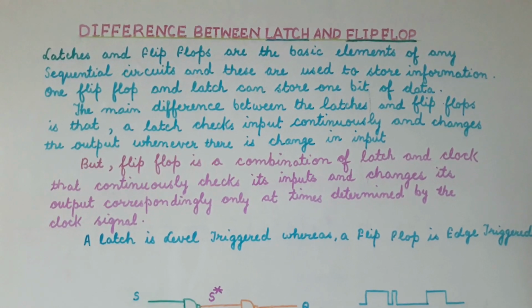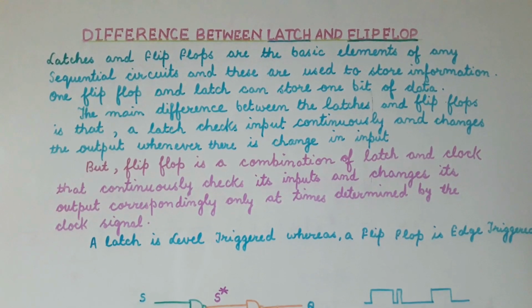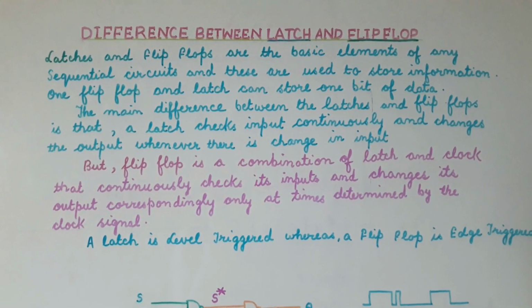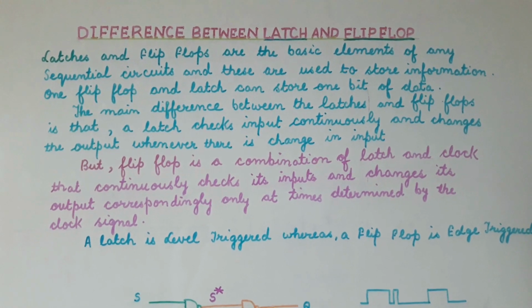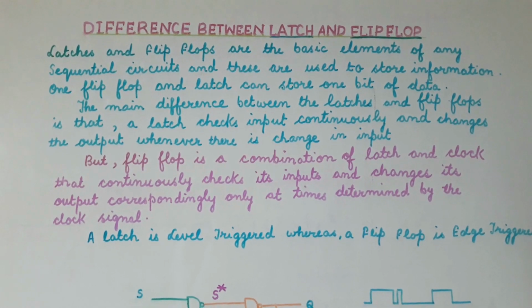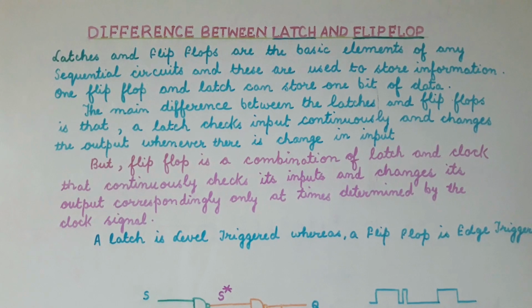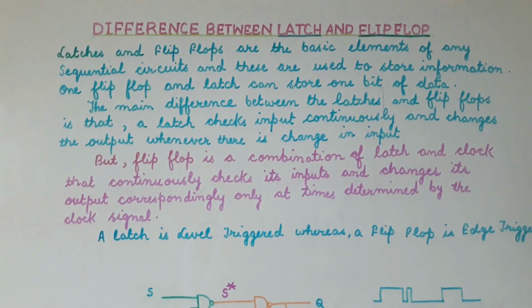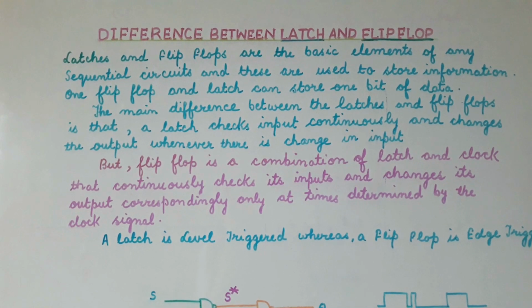The main difference between the latch and the flip-flop is that a latch checks the input continuously and changes the output whenever there is a change in input, but a flip-flop is a combination of a latch and a clock that continuously checks its inputs and changes its output correspondingly only at times determined by the clock signal.